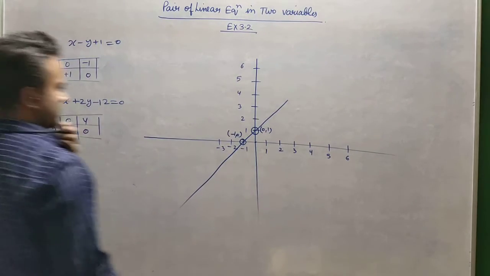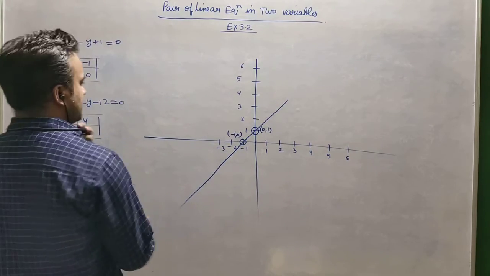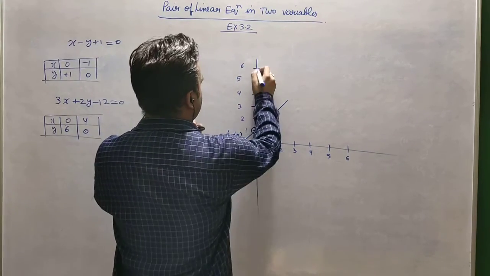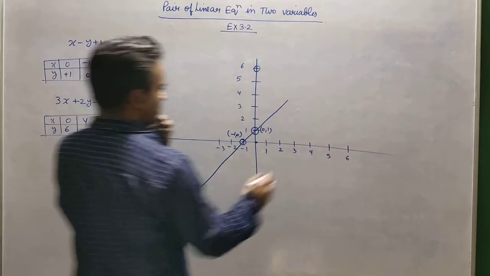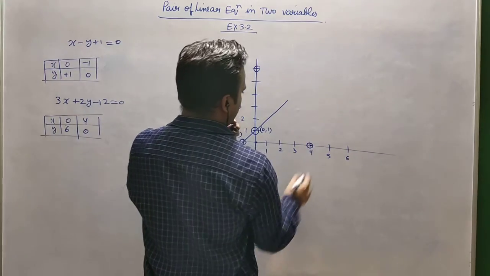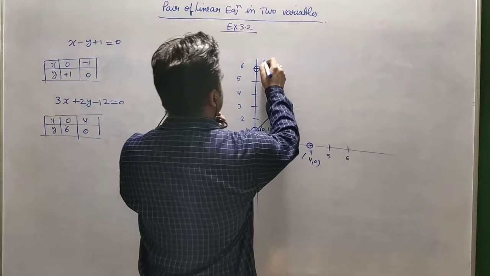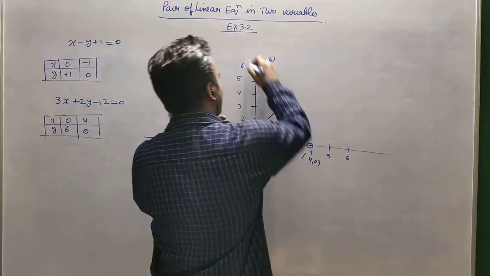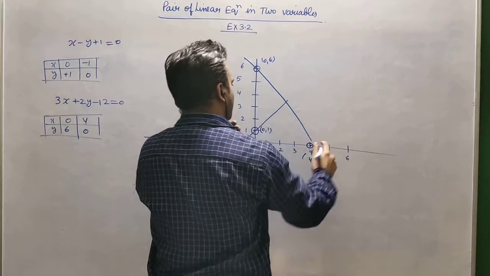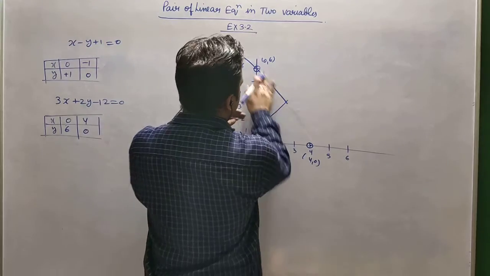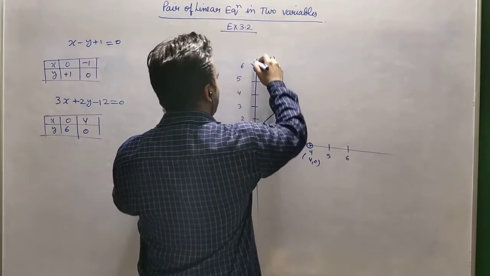Now the next point is 0, 6. 0, 6 is 0 and this is 6, and 4, 0 is here. So it is 4, 0 and it is 0, 6. So what you will do, if you use a scale, then you can easily do this one.